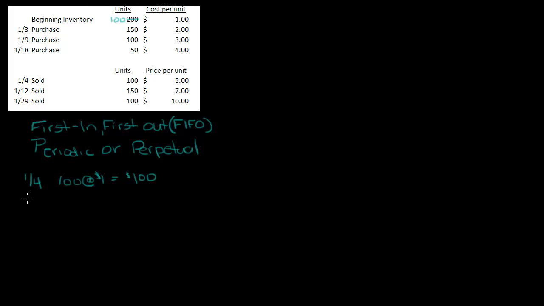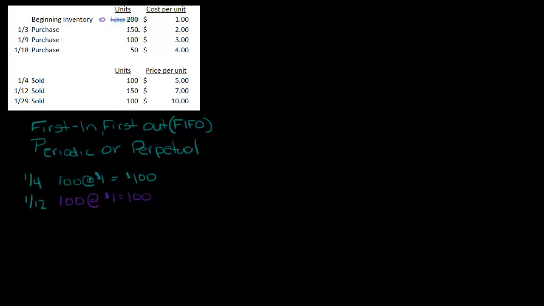So now on 1/12, we sold 150 units. Okay, so now let's go back up to the top. I've got 100 units here, so we'll take those first. So 100 at $1, so that's $100. And then those are gone, so we don't have those anymore. I still need 50 more units, because we sold 150.